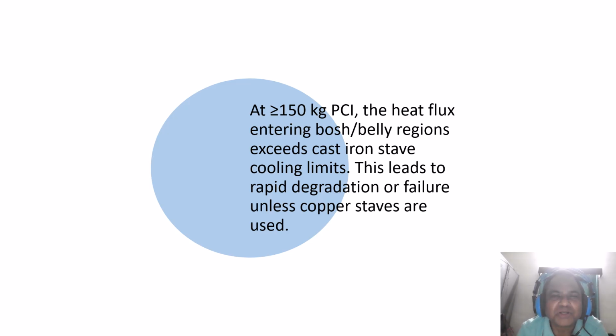One is what is going to happen when we go for higher coal injection in the blast furnaces, and due to this increase in coal injection, what is the requirement of a cooling system and why? And technically, scientifically, we will calculate and see what exactly happens when we move beyond 100 to 150.